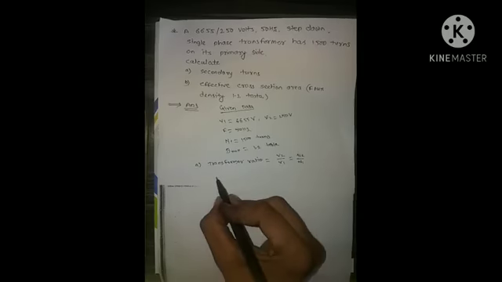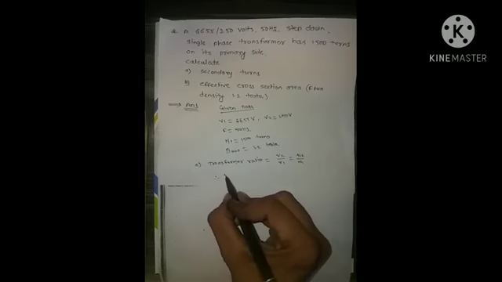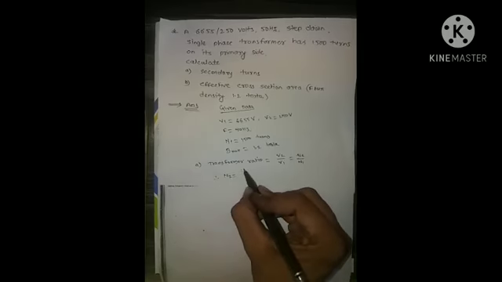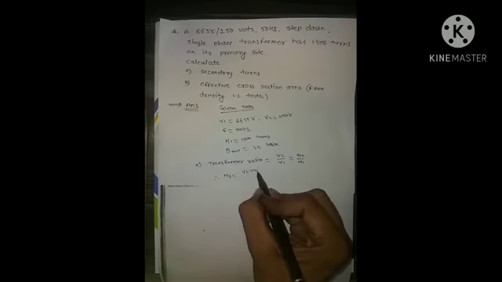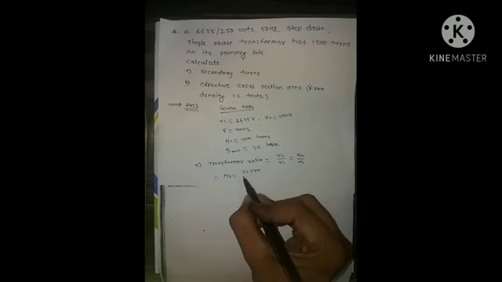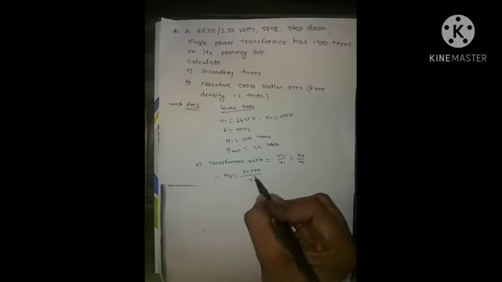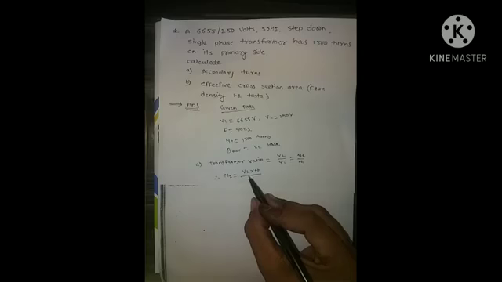By rearranging this formula, we get N2 equals V2 into N1 upon V1.